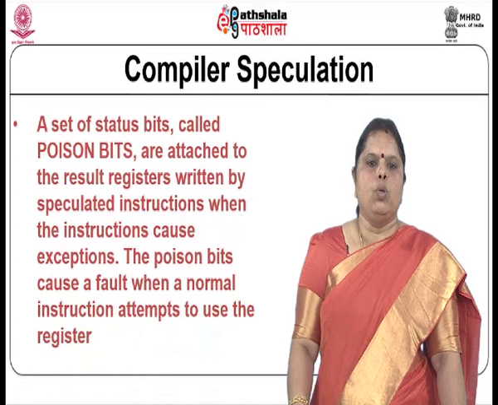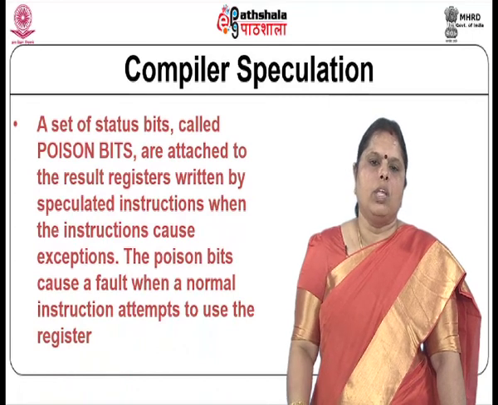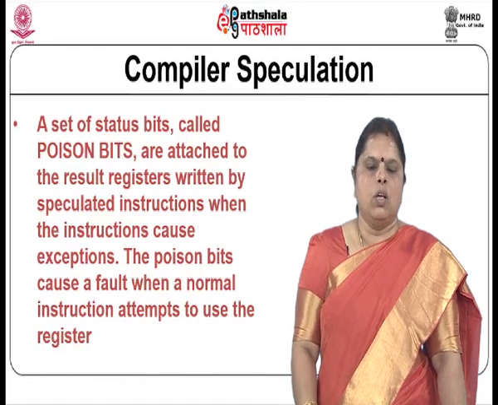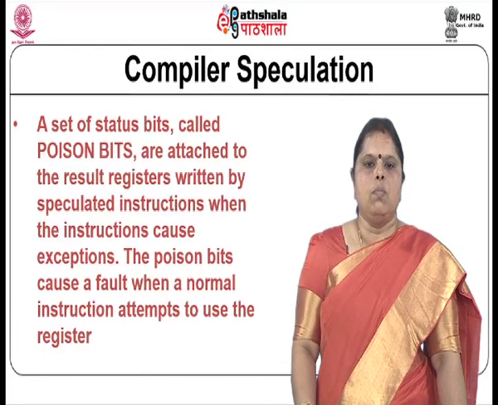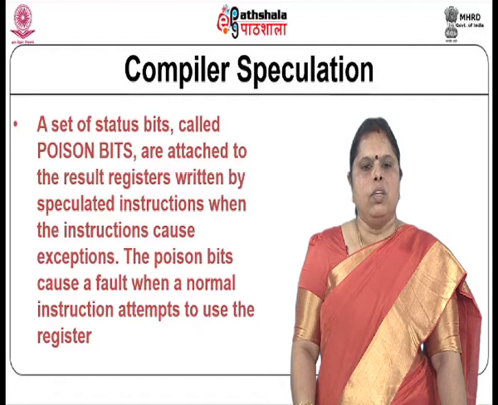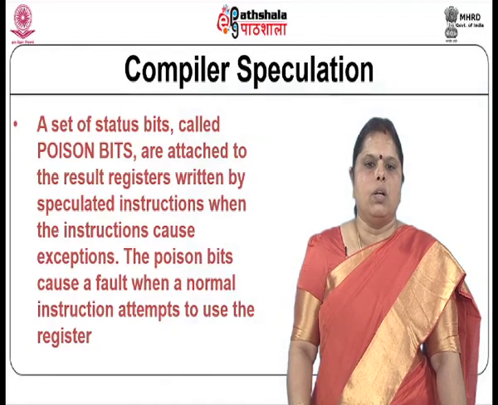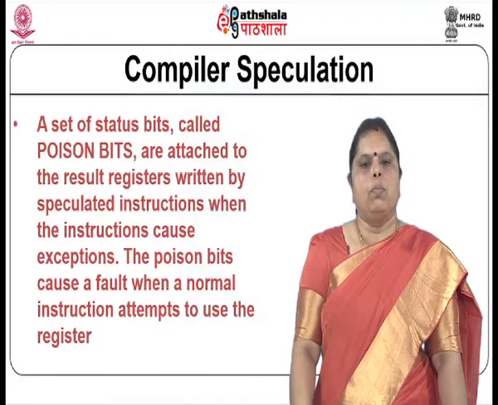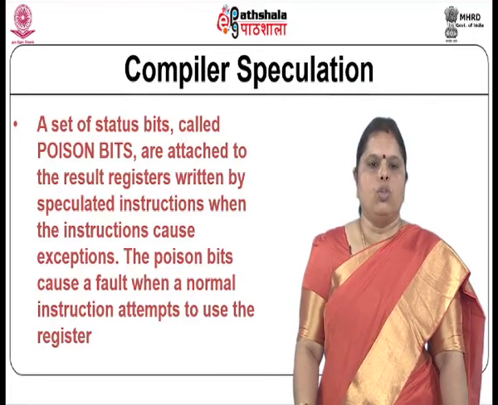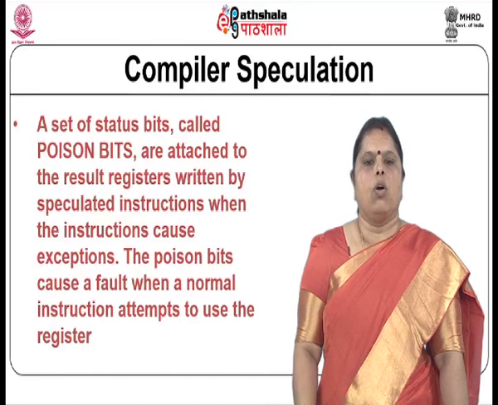Third method is you make use of poison bits. They are status bits which are attached to result registers. So, when a register is written by a speculative instruction and the instruction causes an exception, the poison bit is set. Now, if those values are being used by subsequent registers, the poison bits are being carried on. But when a normal instruction attempts to use the register, it will cause a fault.